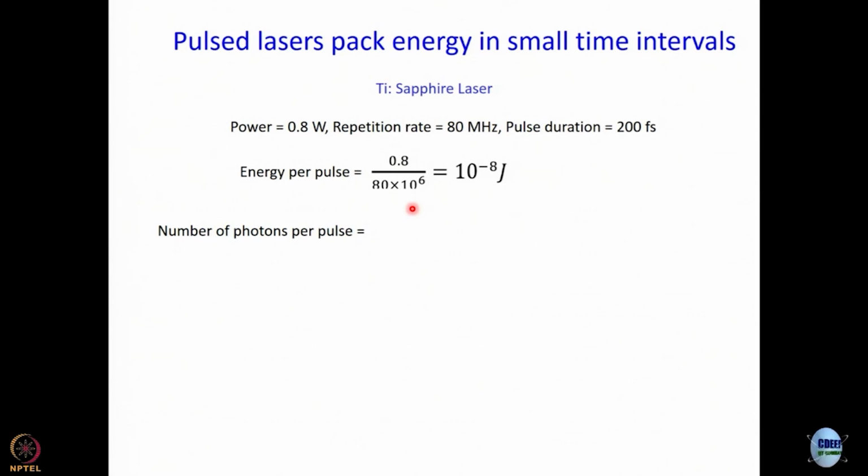Do not make it 10 to the power 10 like what I did a few modules ago. 4 into 10 to the power? How can number of photons be 10 to the power minus 10? So, minus and plus are very important, you do not get them confused. So, very large number of photons, right? 10 to the power minus 10 is a very, very small number. So, this is the number of photons you pack into one pulse.